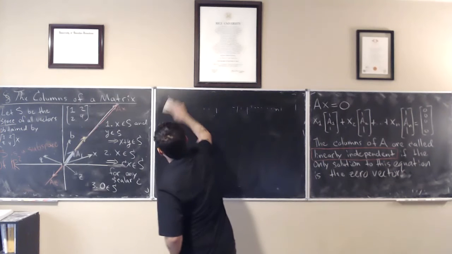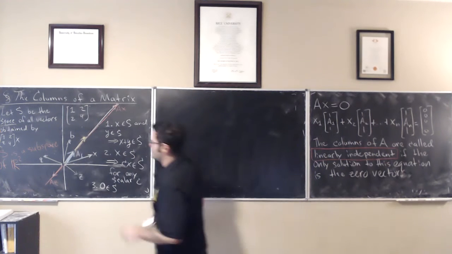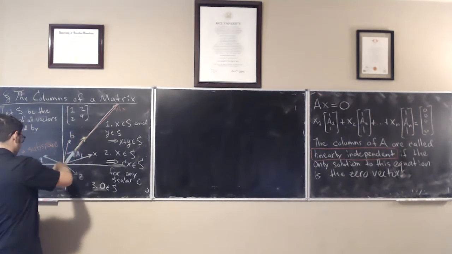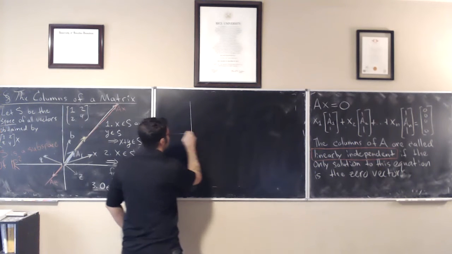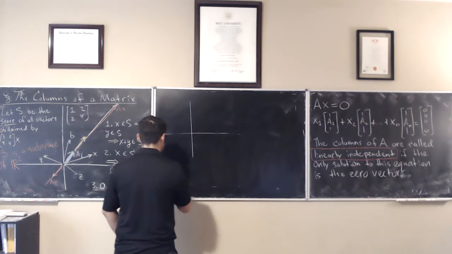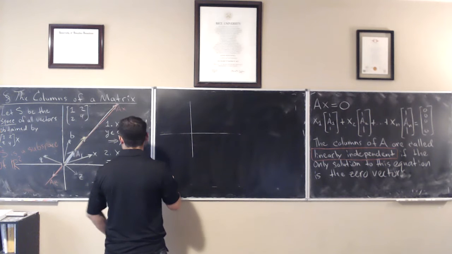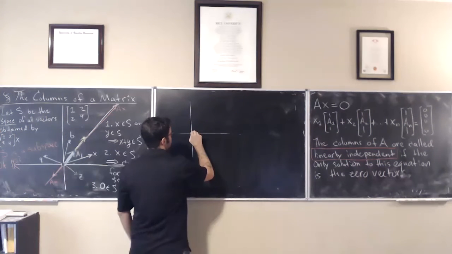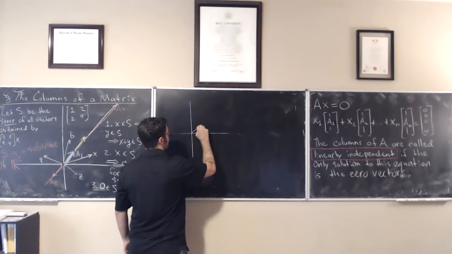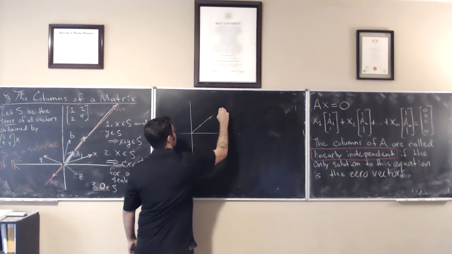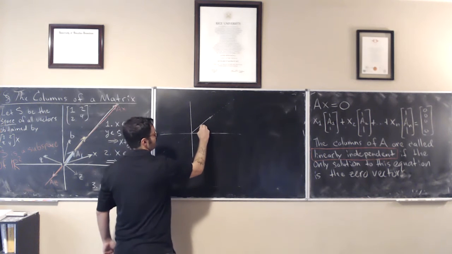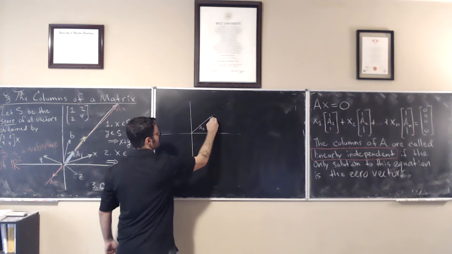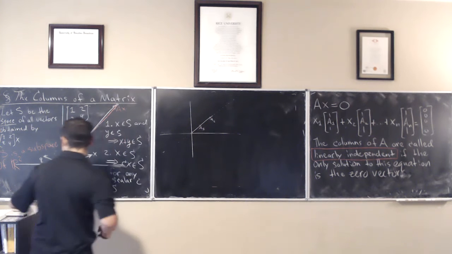So if the columns of the matrix are not all on the same line, for example, for this matrix here, those were the two, so this is like A1, this is A2.